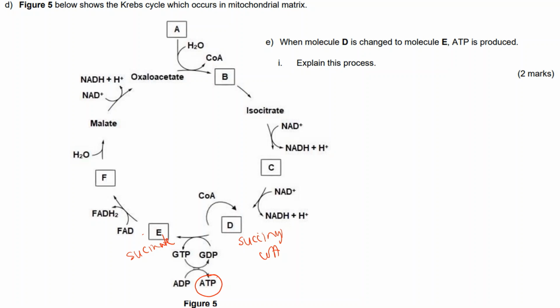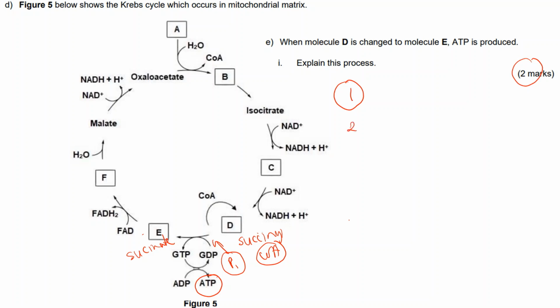The question is 2 marks. During this process, CoA in molecule D, or CoA in succinyl-CoA, will be displaced by inorganic phosphate. Succinyl-CoA will have a CoA attached to it. This CoA will be removed and replaced by inorganic phosphate. That is for 1 mark.